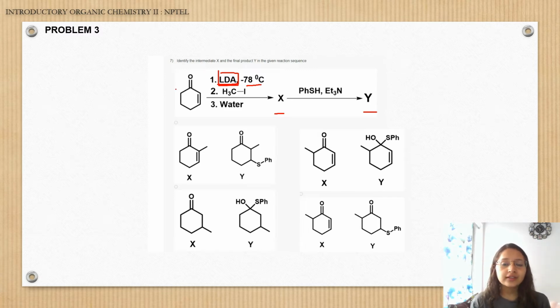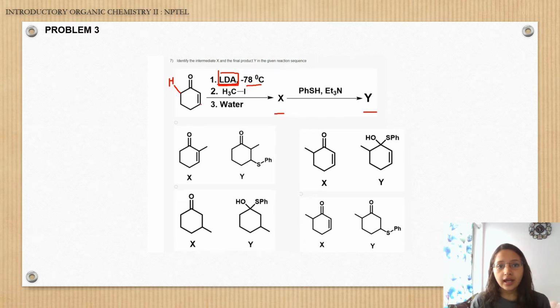What is a kinetic enolate? Now, this system has protons. This is a proton which is acidic. Why acidic? Because if you form a carbanion at this position, it is conjugationally stabilized. There is a conjugation with this carbonyl. That is why the carbanion generated at this particular carbon is stabilized.